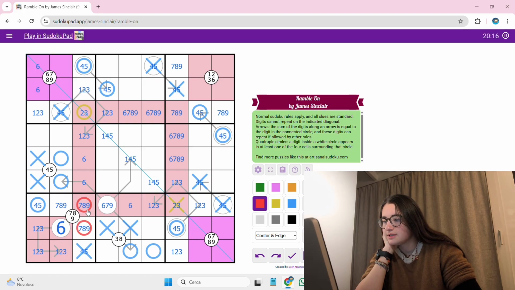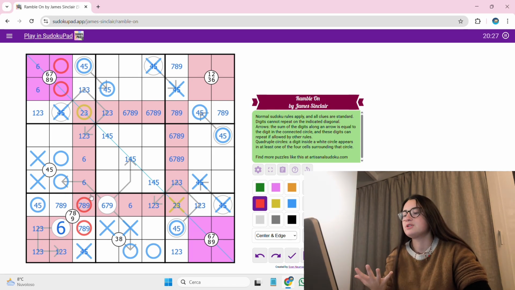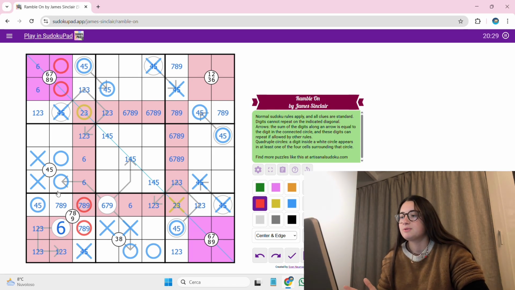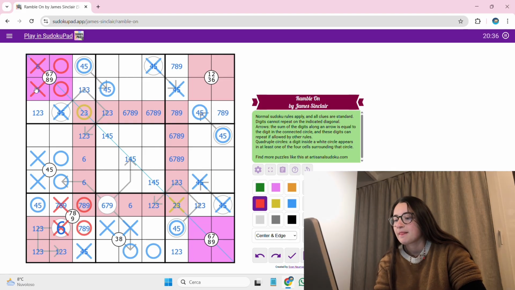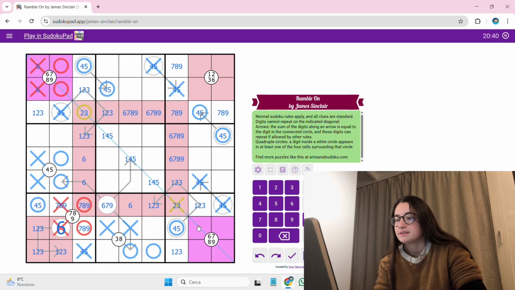So let's say these two that I don't know what they are going to be in this column. They are 2 of 7 8 or 9. They must be in here. So these 2 must be in here. Can this help by any chance?